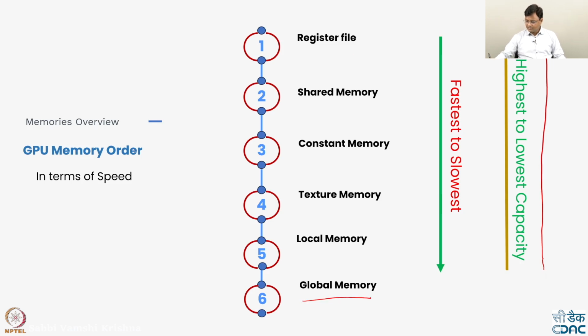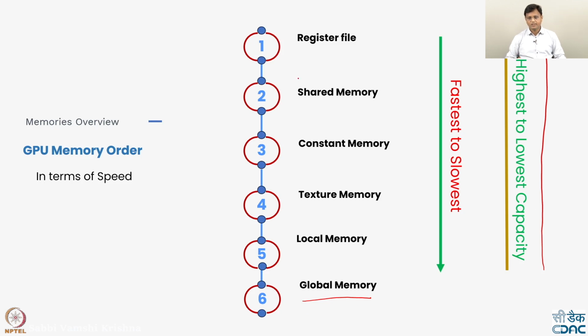So, the storage capacity is decreasing as we move in the upward direction, from the global memory to the register.